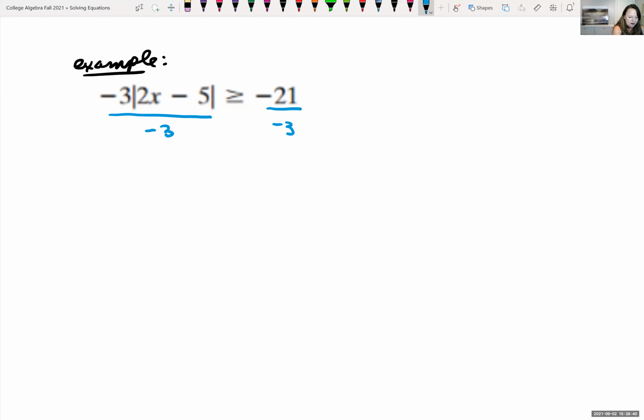But we are dealing with inequalities. So we know if we're dividing or multiplying by a negative, that flips our inequality sign. So right now I would have the absolute value of 2x minus 5 is now less than or equal to, and dividing -21 by -3 gives me back +7.